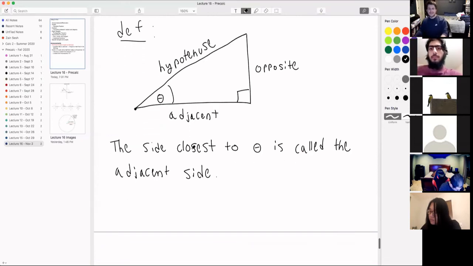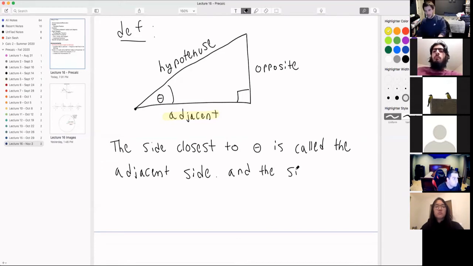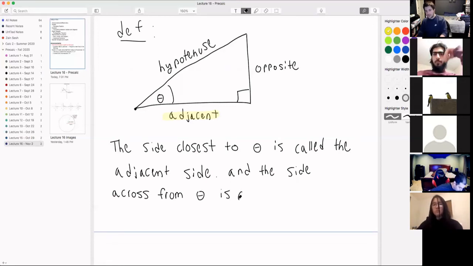Okay, so as I said, the side closest to theta is the adjacent side. So that's right here. And the side across is called the opposite side.